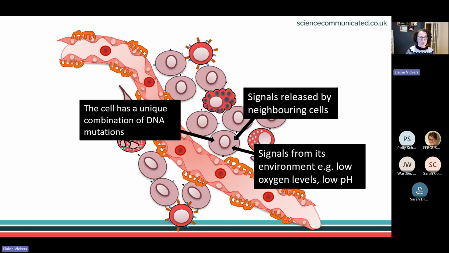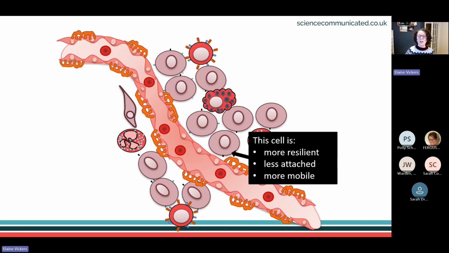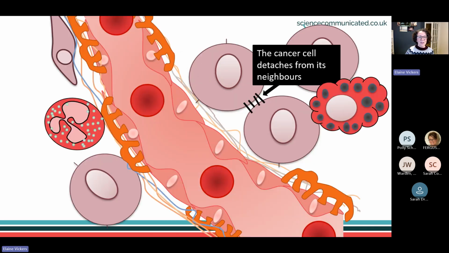So a combination of the mutations the cells contain, the white blood cells in the environment, change in the cell's environment in terms of oxygen and pH, can lead a cell to become more resilient, less attached, more mobile than its neighbors. And that cell detaches from its neighbors, the normal proteins that connect cell to cell, those dissolve, they're destroyed.